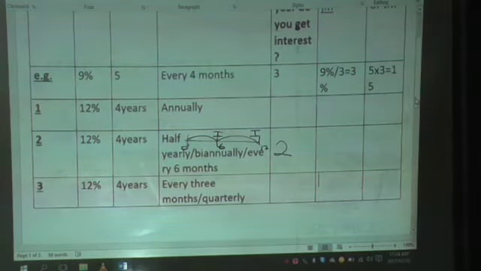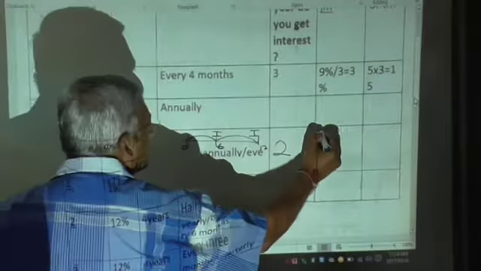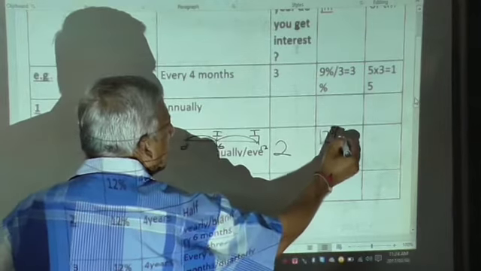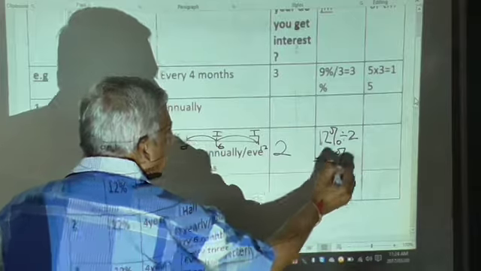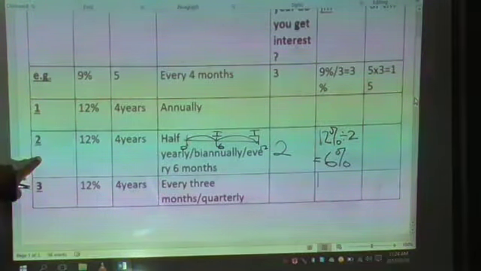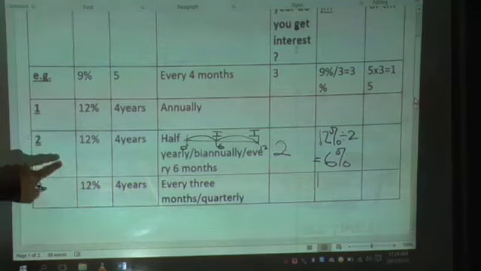Now you've got to take the rate and divide by 2. Well, I'm glad you said 12%. You take the 12% and you divide by 2. Your answer is 6%. So in number 2, when you're substituting in the formula, you will use 6%.